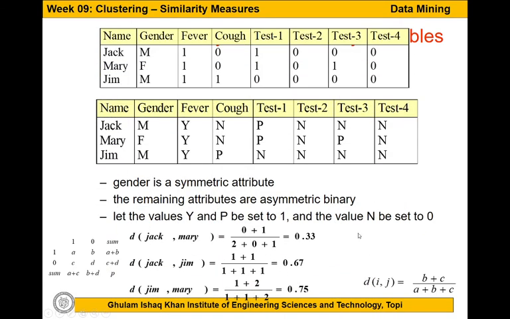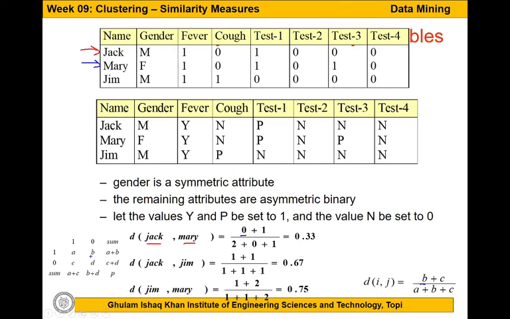Now we are finding the distance between Jack and Mary. This is Jack, and this is Mary. This value is representing b.